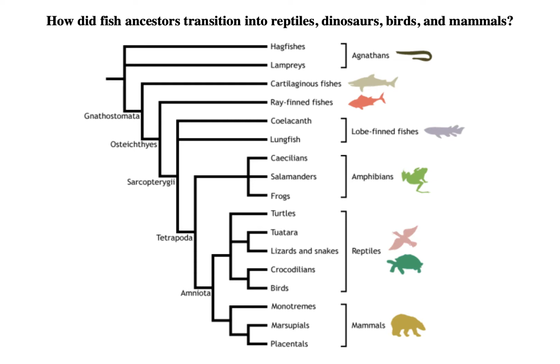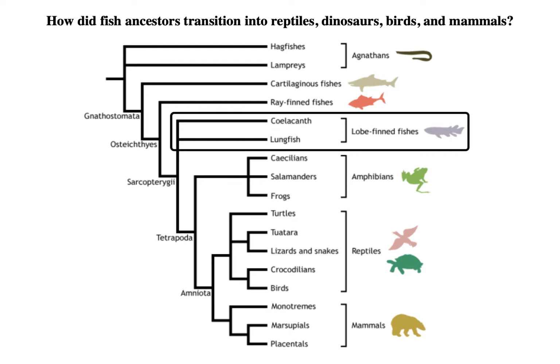So if we go back a little further, though, so we go through mammals, reptiles, amphibians, and then these lobe-finned fishes, where these lobed fins that they have eventually developed into legs and feet and wings and things like that. But how did that happen? We only know some of that from fossil evidence.